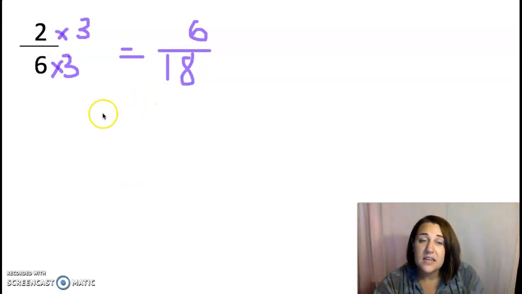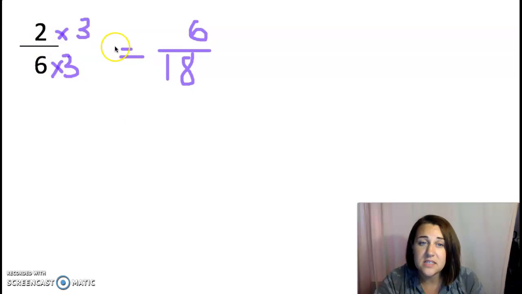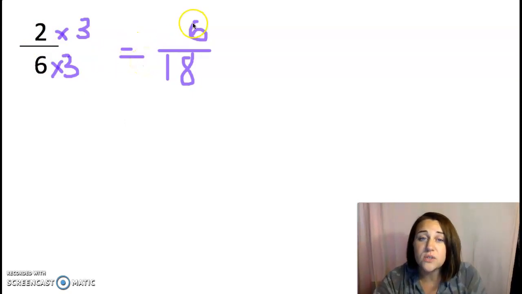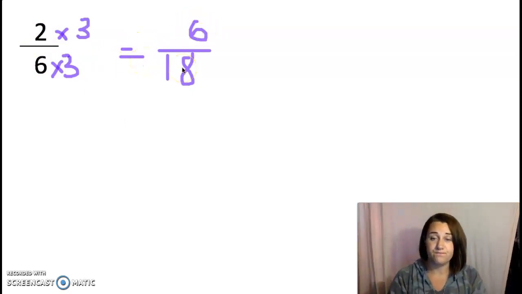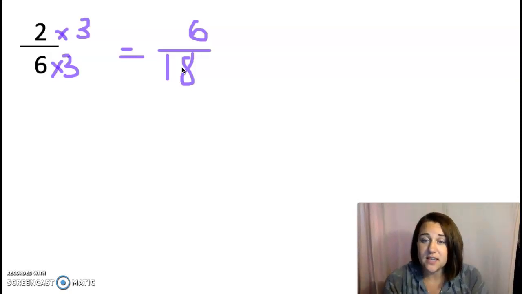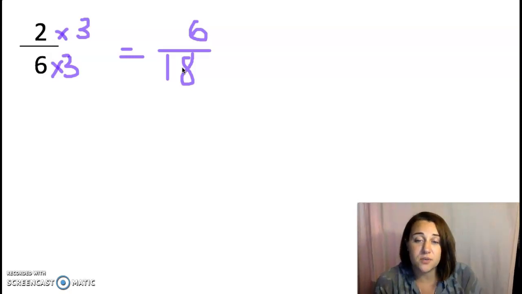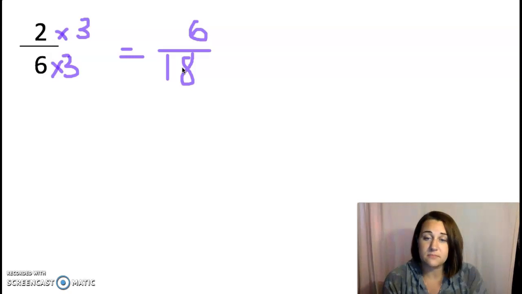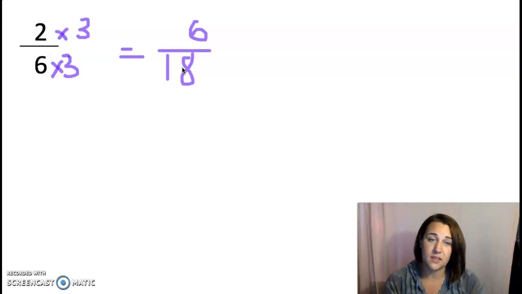And that's it. Now I know that 2/6 is equal or equivalent to 6 over 18. Easy peasy, friends. Again, the numbers aren't the same, but the values are equal. The values are the same. This is why we spend so much time on multiplication, to help us do other parts of math.